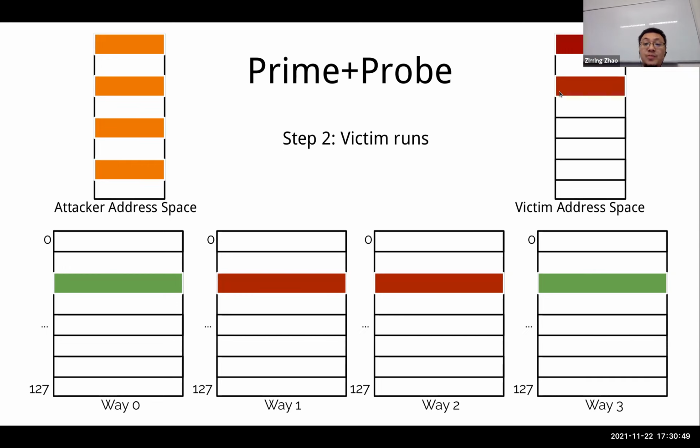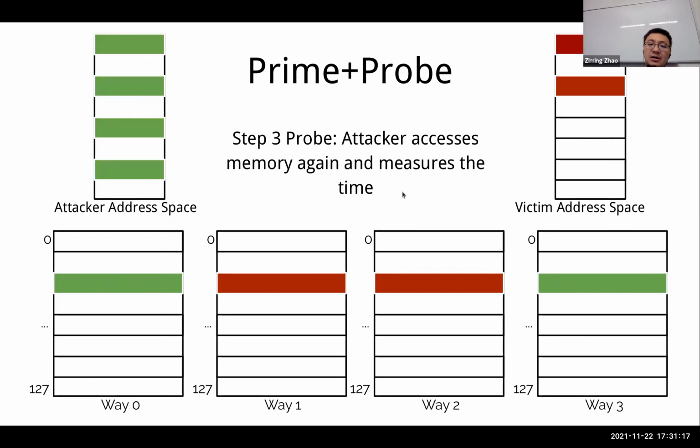The victim executes its own code and accesses its own data, and it may access data memory locations congruent to this cache set. Some cache lines in this set will be evicted and replaced by the victim's data.